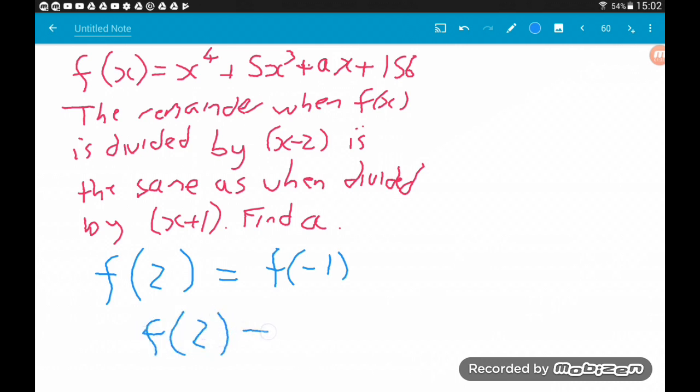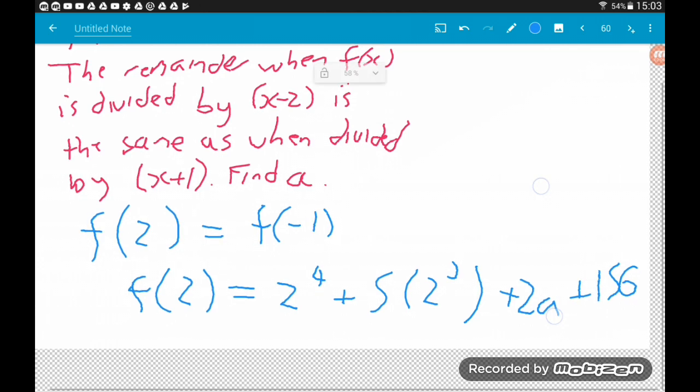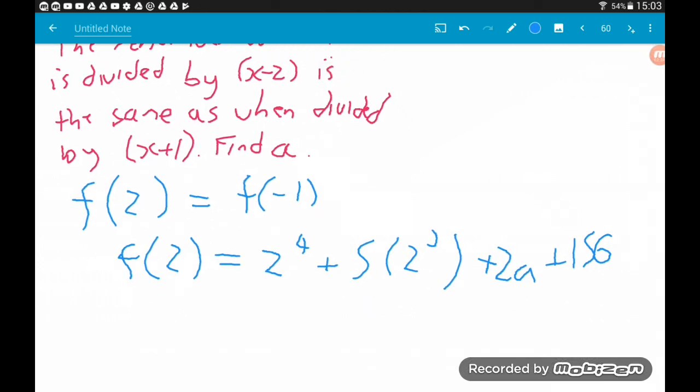So f of 2 is 2 to the power of 4 plus 5 lots of 2 cubed plus a times x, so plus 2a, and then plus 156. So if we sharpen that up, 2 to the power of 4 is 16. 2 cubed is 8, so 5 times 8 is 40.